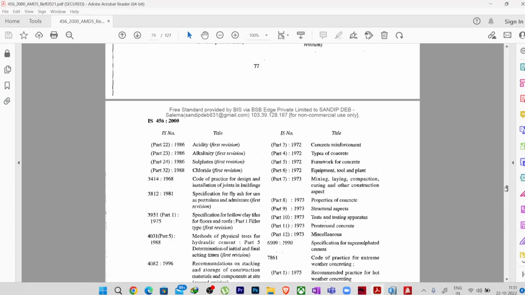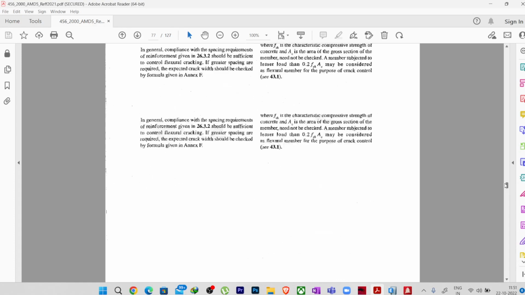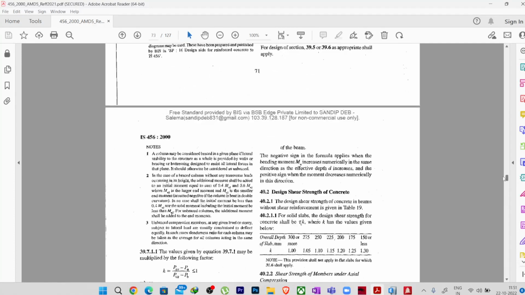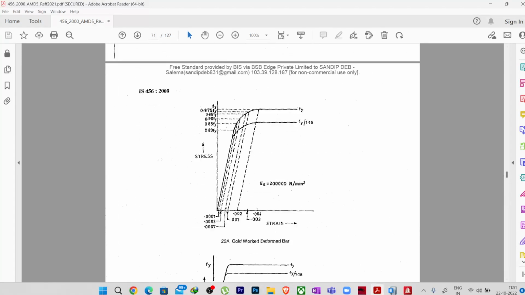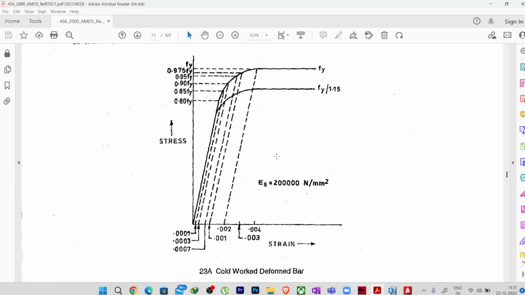I'm showing you the process of how you can do that. On page number 70 you have this plot. You can see you have the strain, and for the steel, where Es is 2 into 10 power 5, here we have the stress values.